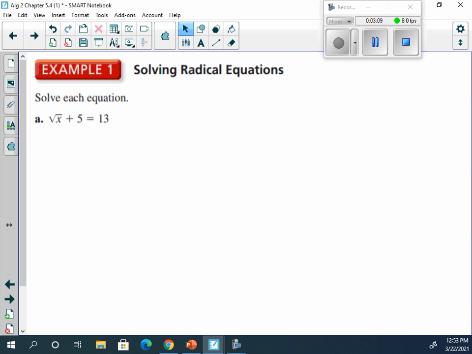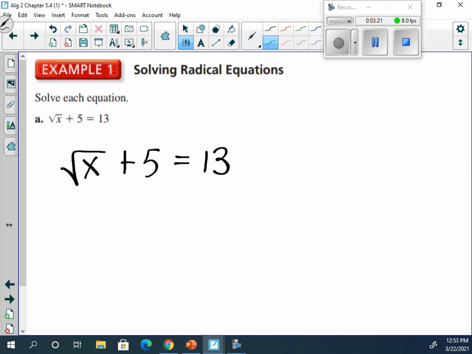So like our first equation here, the square root of x plus 5 equals 13. This is our starting equation. When we look at this, the first thing we're going to do is get the radical by itself. The radical in this case would be the square root of x.